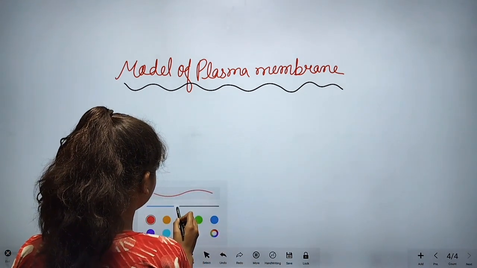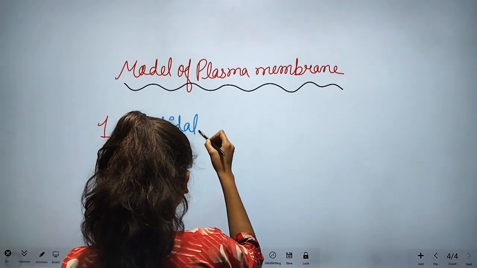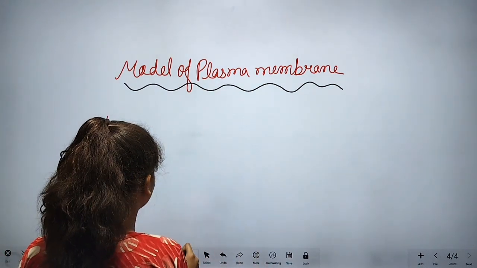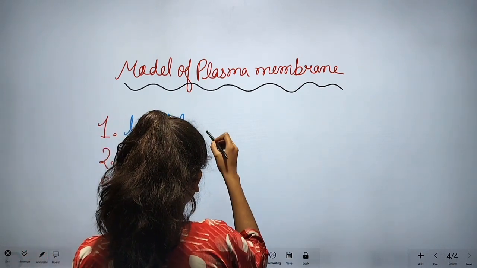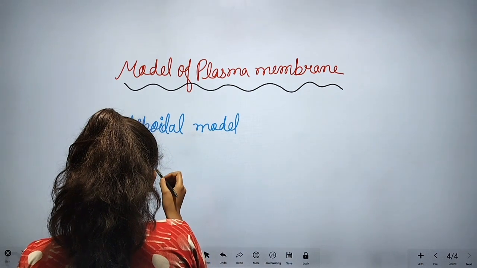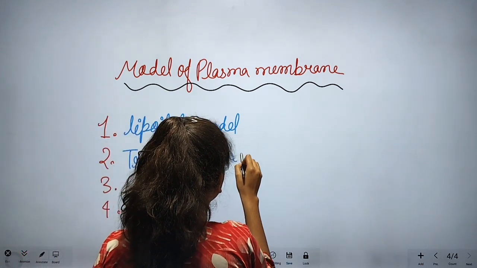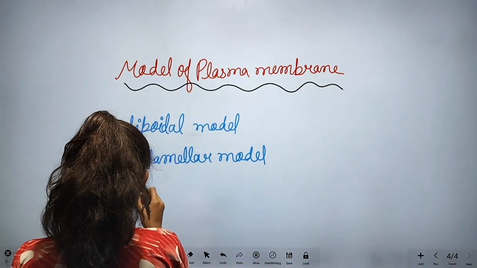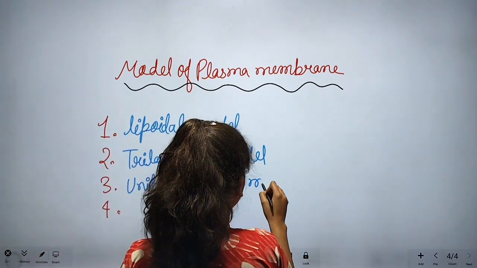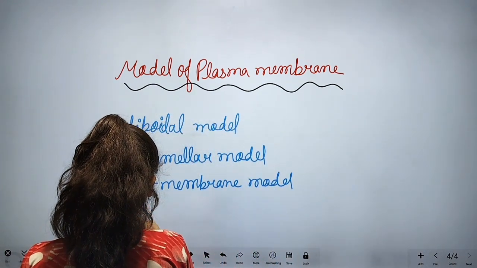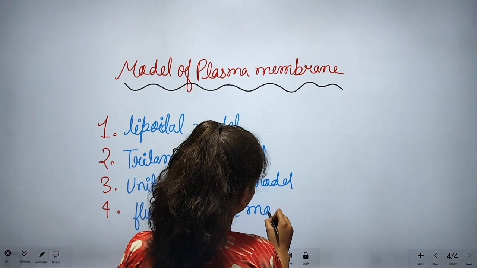Okay, the first one is the lipoidal model, second is the trilamellar model, third is the unit membrane model, and the last one is the fluid mosaic model.